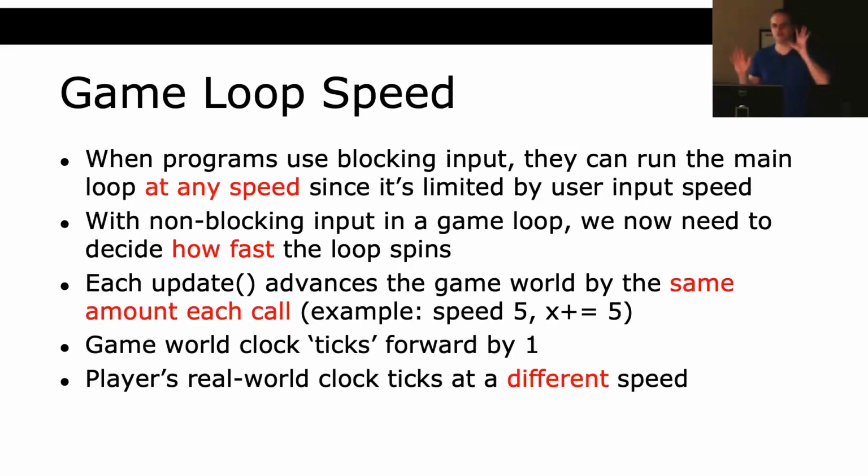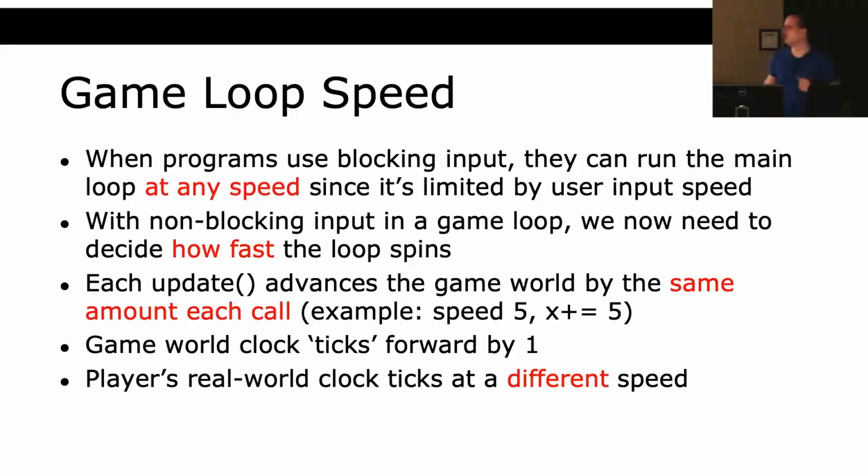So there's this difference between the relative speed of the clock on the wall and the clock in the game universe. Ideally, no matter what hardware you run on, that would be the same, because you want your game experience to be the same on different hardware. Of course, if they have a fancy graphics card, maybe it will render smoother.